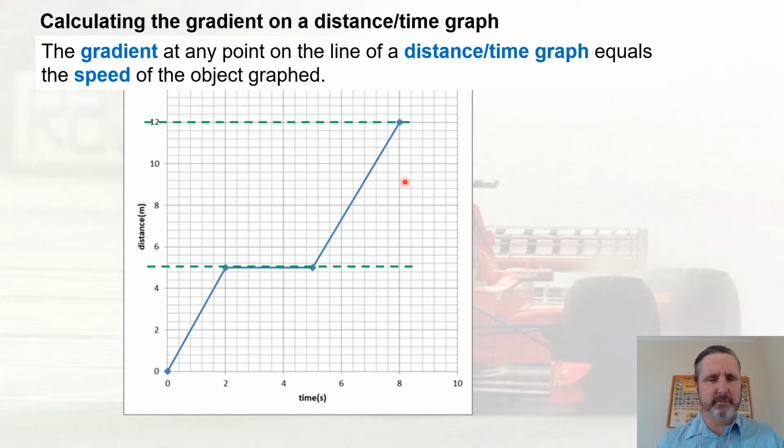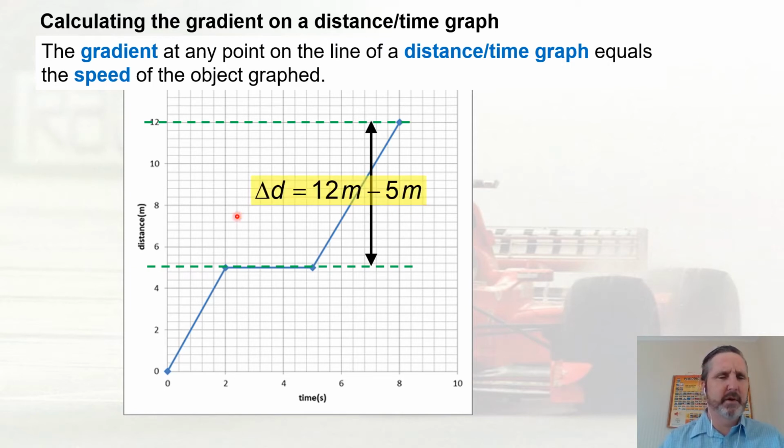To do that, I draw 2 straight lines horizontally from the start and the end of this part of the journey, and I find the change in distance between these two. So that's 12 meters minus 5 meters.